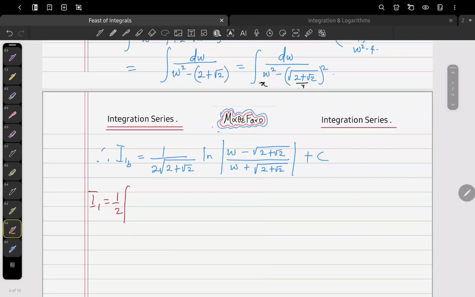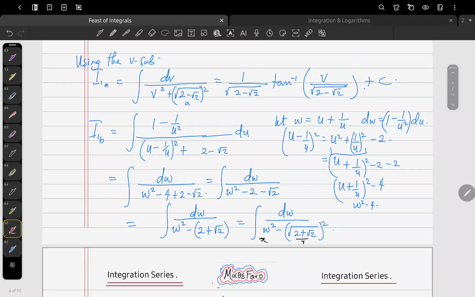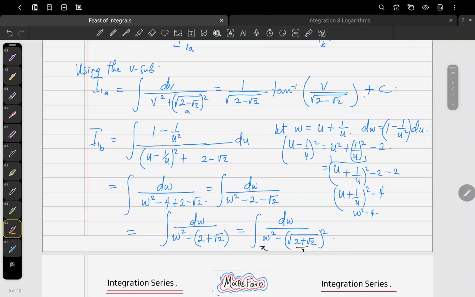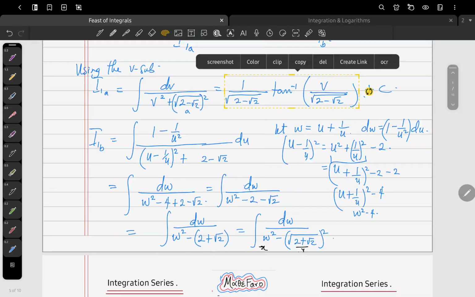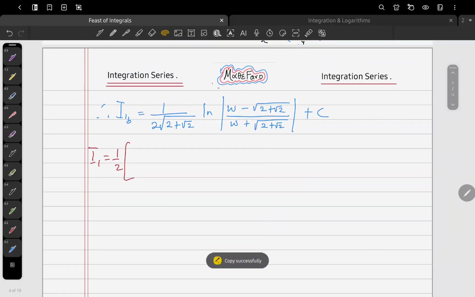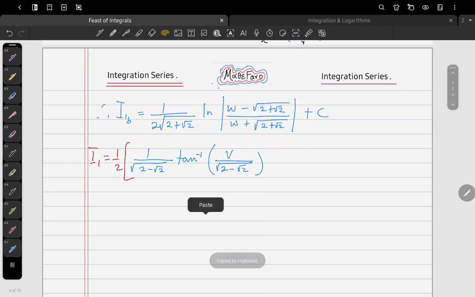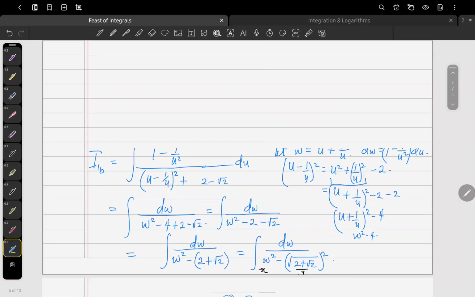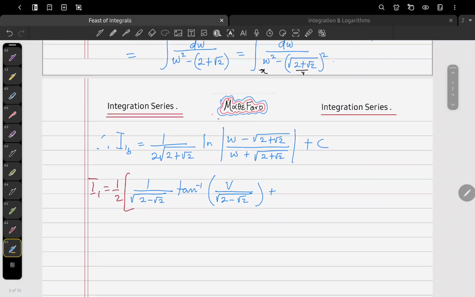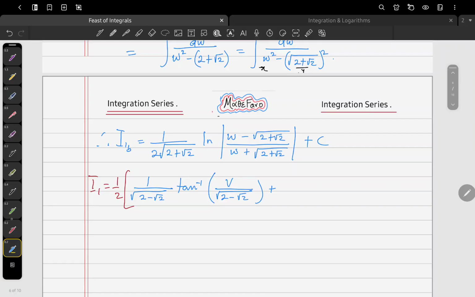So that will be I1a. Where is I1a? This guy. Let's take advantage of technology, copy, paste. Then plus I1b. Is it plus or minus? Plus I1b. This guy. Let's copy again.